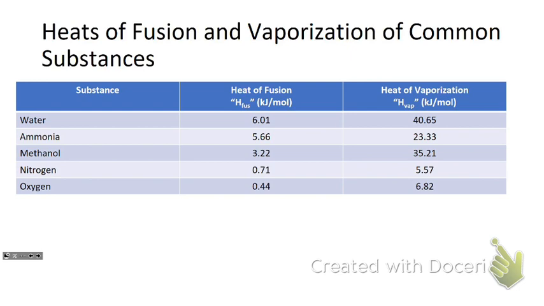One thing you need to note: the heat of fusion and the heat of vaporization, these two terms here, are often given in kilojoules per mole. So just be careful with that when we are doing our calculations.